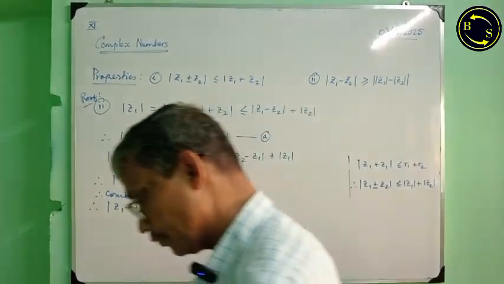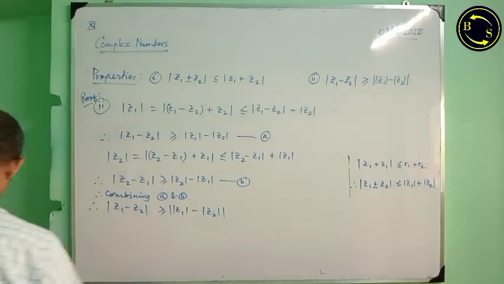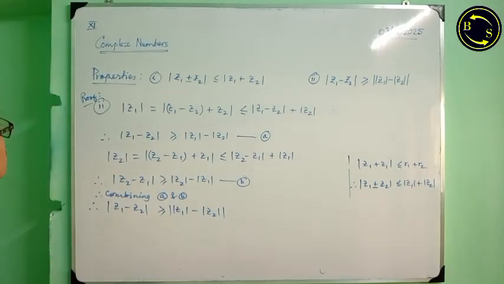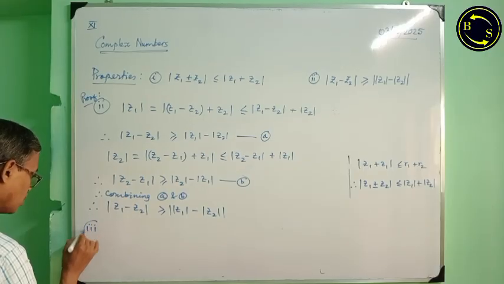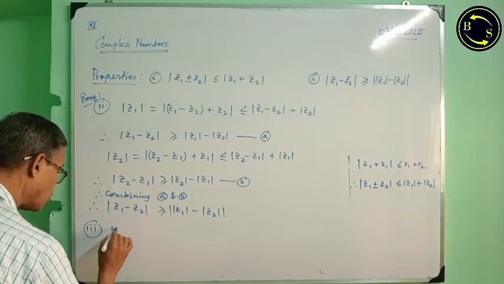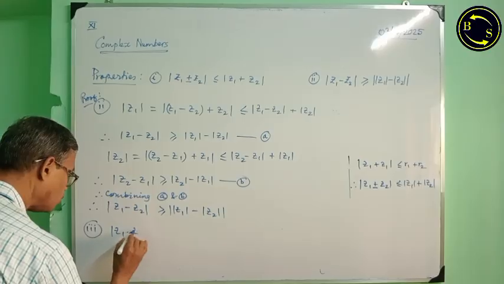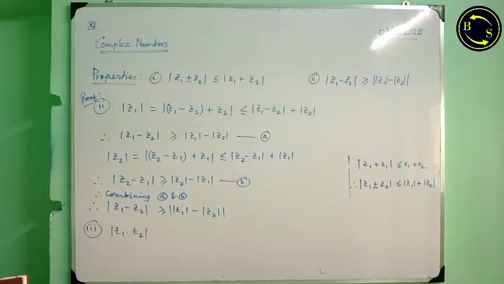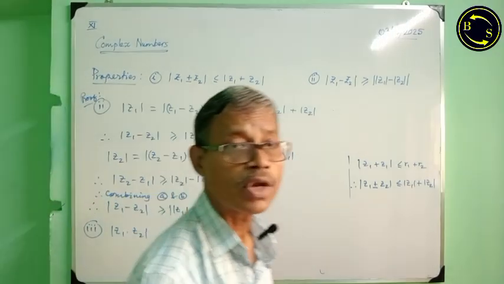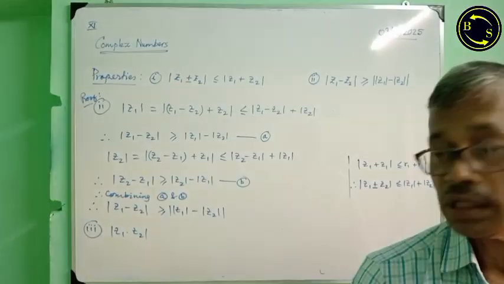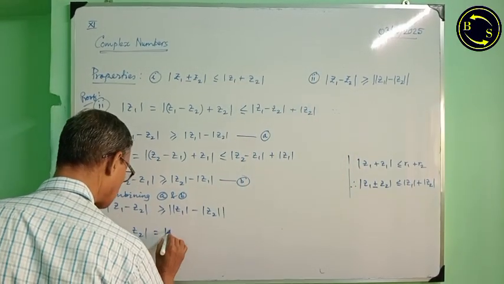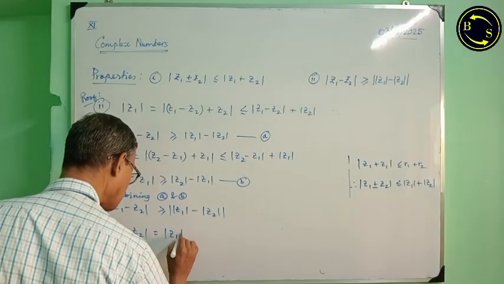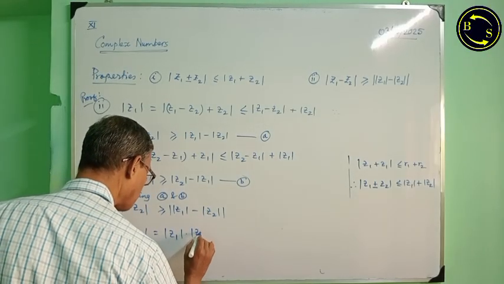Now, the product and quotient related properties. I mention them like this. Number 3, modulus of z1 into z2, that is the modulus of the product of two complex numbers, will be equal to the product of the moduli of the two complex numbers.